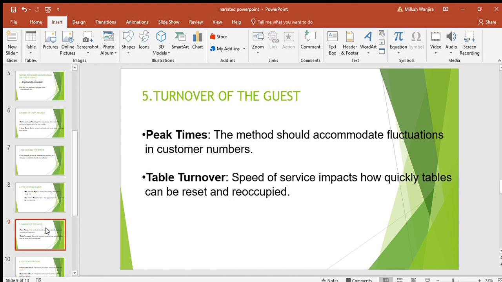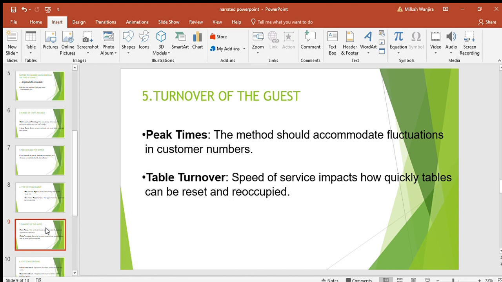Then number 5, let's move to the turnover of the guests. Lynette, do you have any idea about the turnover of the guests as a factor? Yes, I have, madam. Okay, share with us, please. The guest turnover is the number of people that you expect in a restaurant at a certain time, with an average of their number and also the meals that are to be prepared.